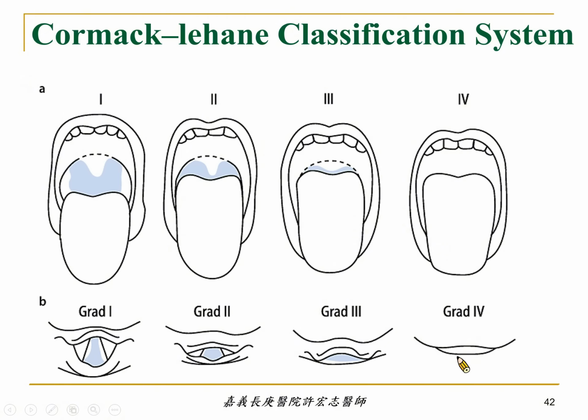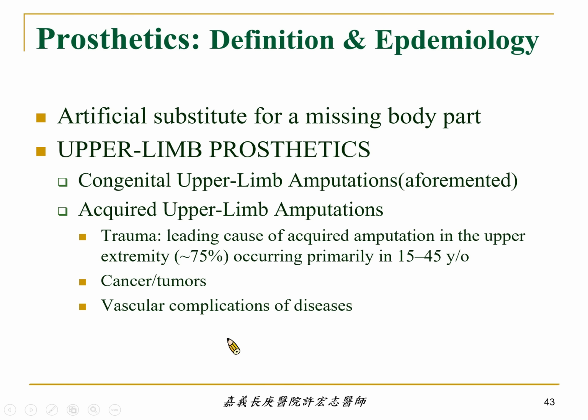It takes about 2 or 3 weeks to go from grade 3 and 4 to grade 1 and 2. Okay, this is another system, in which we can observe the widening of the epiglottis.